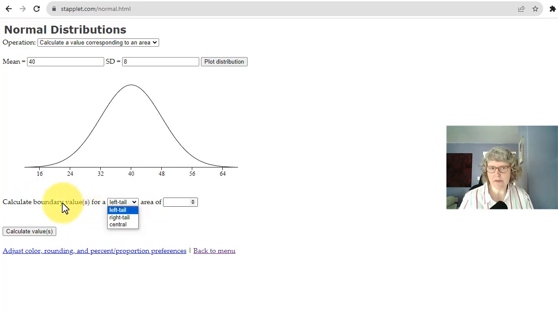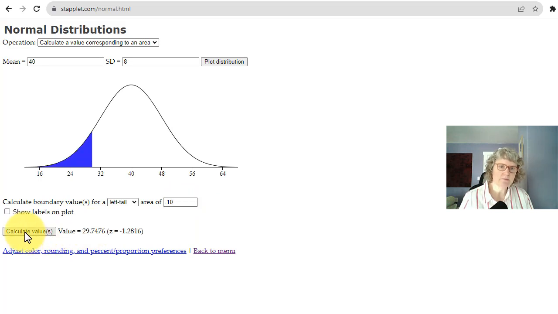That's another way of saying cutoff score or percentile. It asks for a left tail, a right tail, or central. The lowest 10% is going to be left tail, the bottom 10% or the driest 10% of years. And 10% is the area, because we've seen percentage and area mean the same thing.